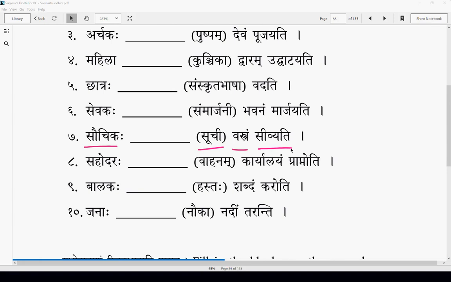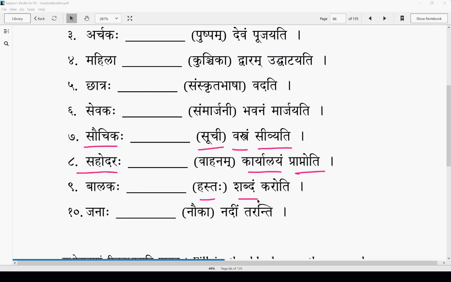Sivyati, stitches, sews. Then Sahodaraha, brother. Karyalayam, office or workplace. Papnoti, reaches. Balakanino hasta, they should know.